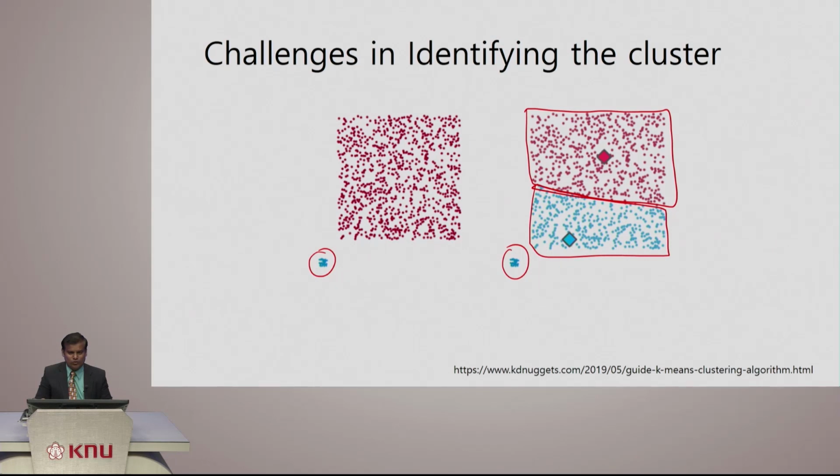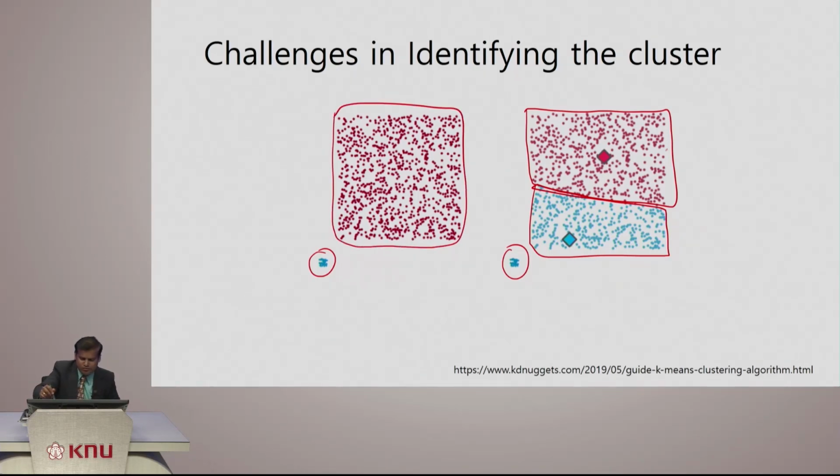So one mistake that we made here is that the whole cluster here, which is supposed to be one, has been split into two, and this one, which is supposed to be the second cluster, has been completely ignored. So this is one of the problems that we face in such a system.